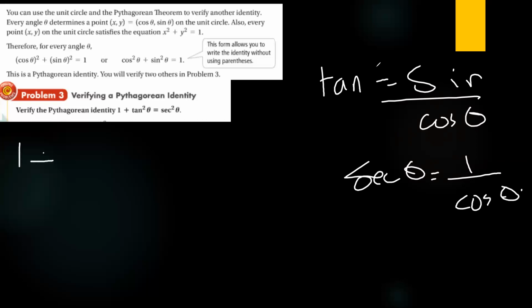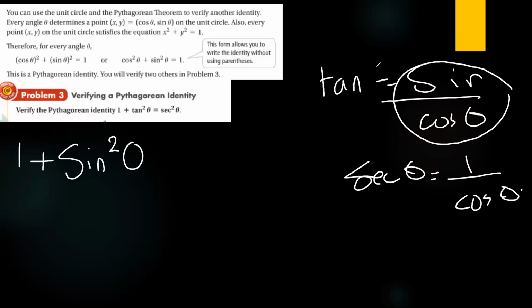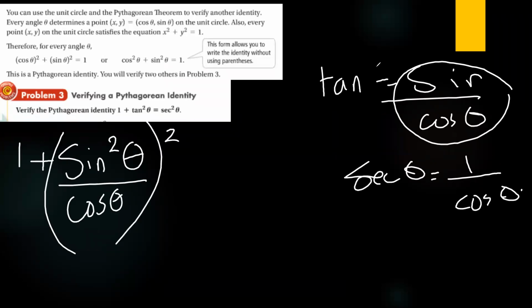So 1 plus tan squared. Tan is sine over cosine. Is it right? You replace tan with sine over cosine.